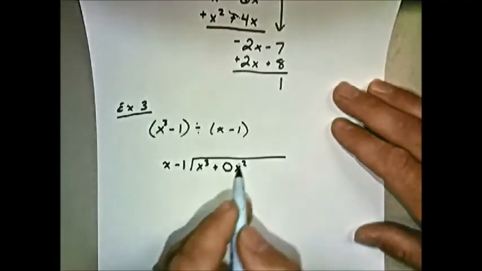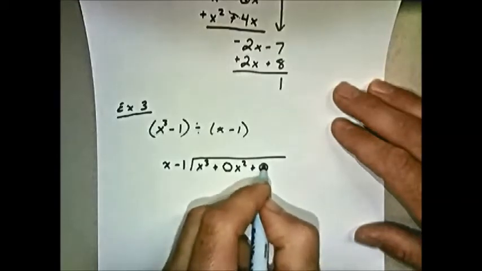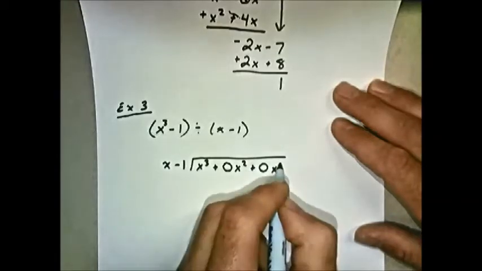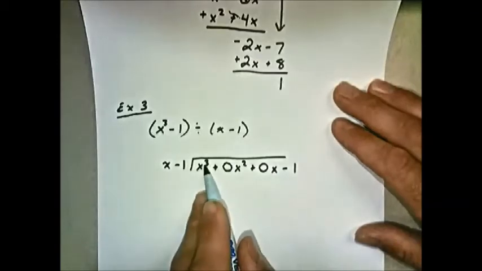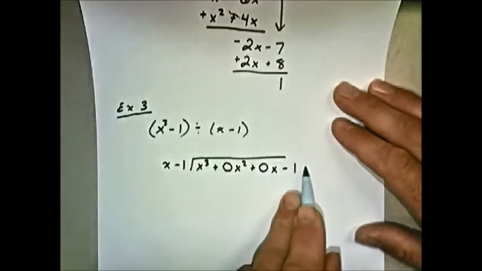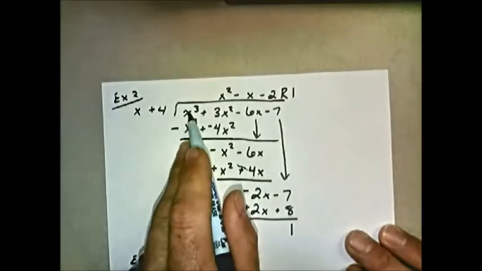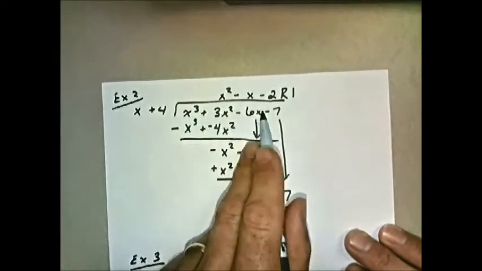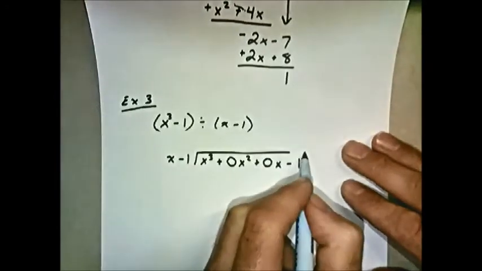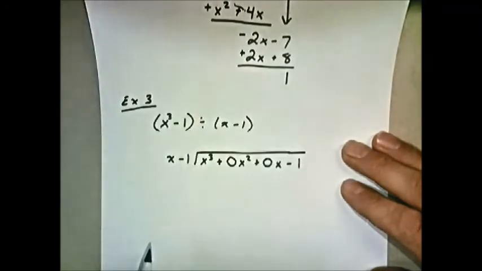We need to add in a linear term, so 0 x to the first minus 1. Notice how my exponents decrease by exactly 1 each time. As was the case in example 2, we already had 3, 2, 1, and no x's. Now the problem becomes just like example 2.